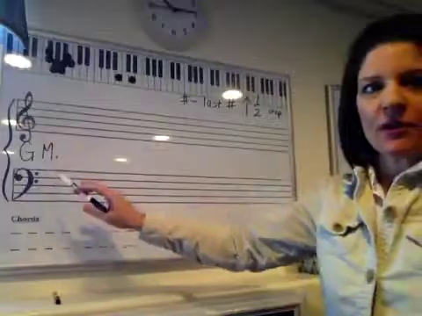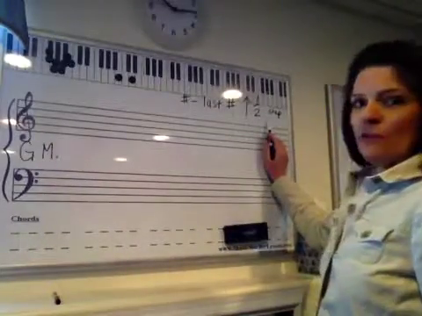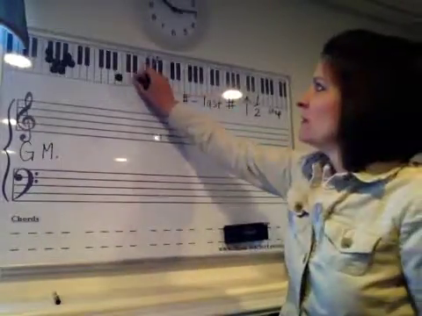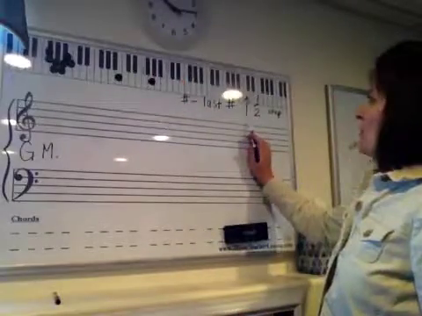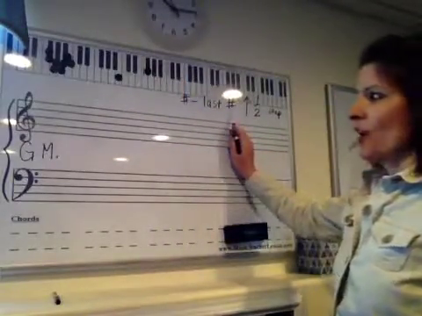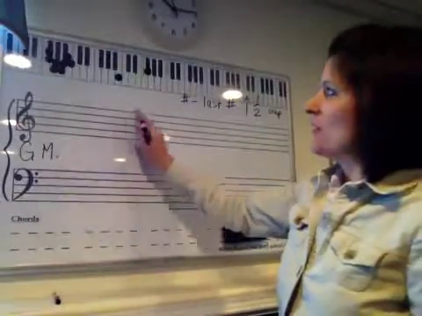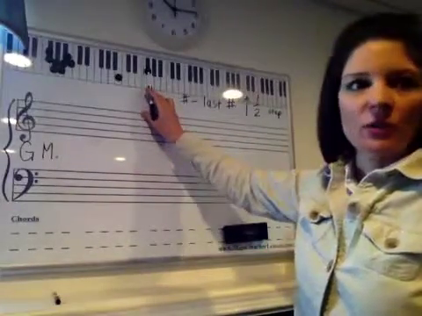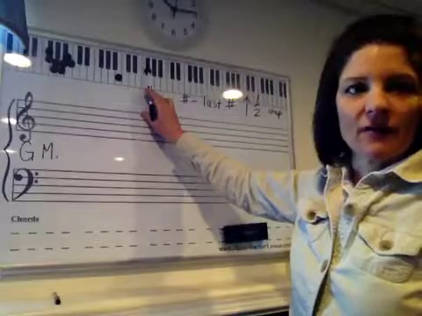If you reverse that process by starting on G and you go down a half step, which would name the last sharp, then we need to create a key signature where the last sharp is F sharp.